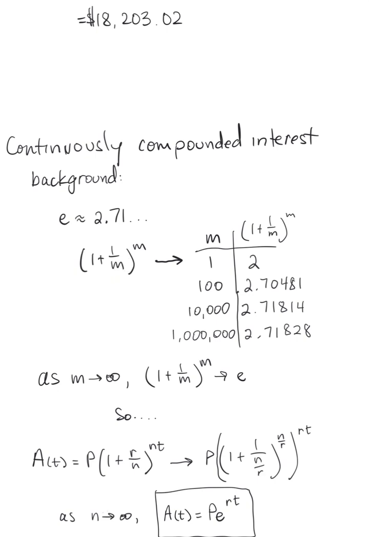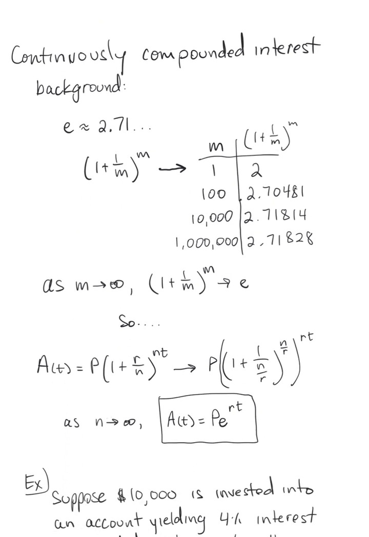So as n approaches infinity in this expression, then this expression is going to approach the value of e, which is 2.71. So this is going to turn into a base of e. We have the principal investment and the rate times time.